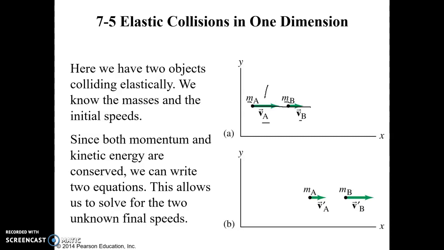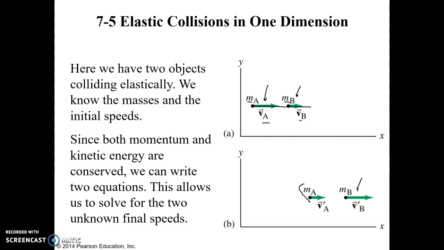In this example, object A has a larger velocity, and it's going to overtake object B. They're going to collide, and some of that momentum is going to be transferred onto object B. We could picture billiard balls, one rolling slowly, one rolling more quickly. The faster one overtakes it and rear-ends it, collides with it from behind, and transfers that momentum to the other object, which now moves faster, while the first one moves slower.